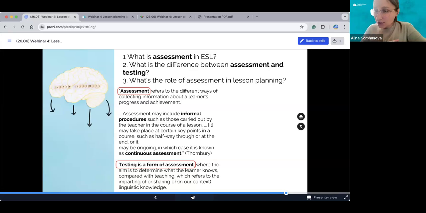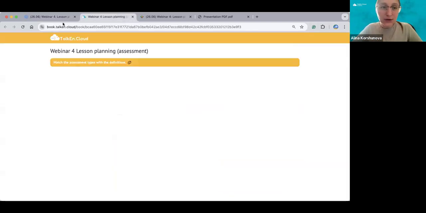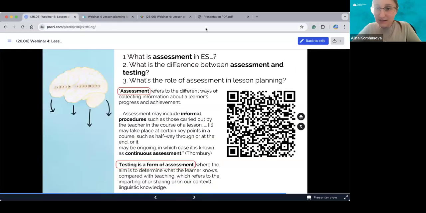There are different terms that I will be using now while showing the next slide. If you don't mind, I would like you to check how well you remember the terms that you had in your self-study before the session. So please follow the link, or scan the QR code. I'll send it to everyone.